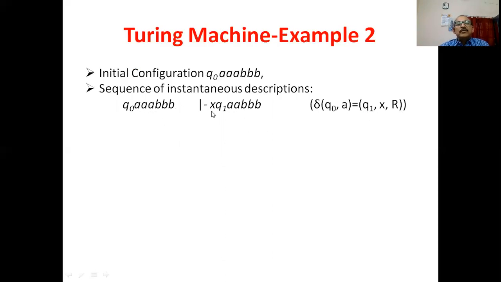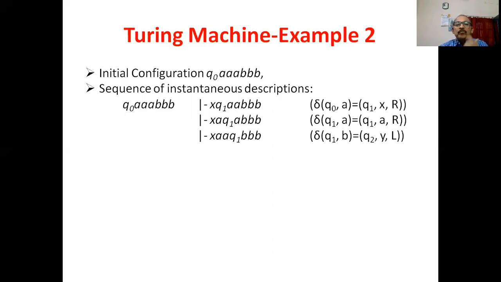Means X Q1 A. Next, the machine in state Q1, input is A, goes to Q1, replaces this A by A and again moves right, so the symbol under the current tape head will be the small a.